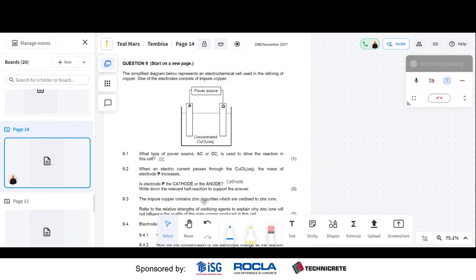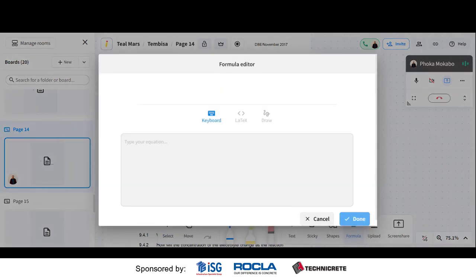Copper being the cathode, let me add this as a formula.